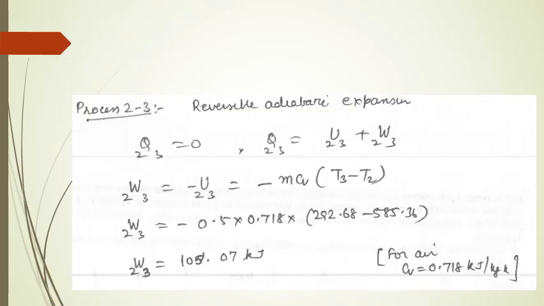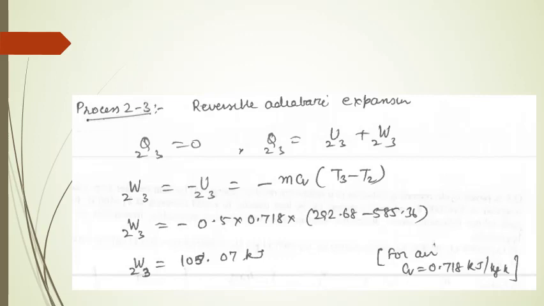Now 2 to 3 is reversible adiabatic expansion. So during this, heat transfer will be 0, and if I apply the first law for the non-flow process, or you can say closed system, that will be del Q is equal to dU plus del W. So basically work transfer will be the negative of internal energy change, and that comes out to be m Cv (T3 minus T2).